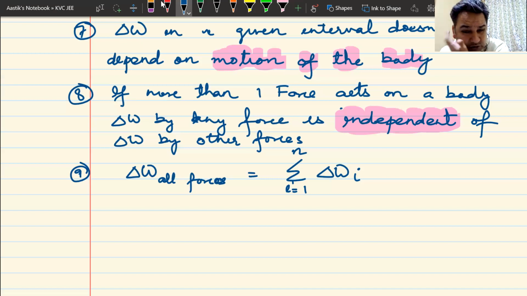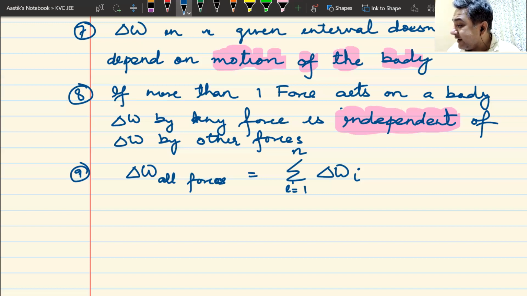To find out the total work done by all forces, find the work done by first force, find the work done by second force, third force, fourth force, and so on. Add them. Some might be positive, some might be negative. You will get the total work done by all forces. We also did an example on the same concept.